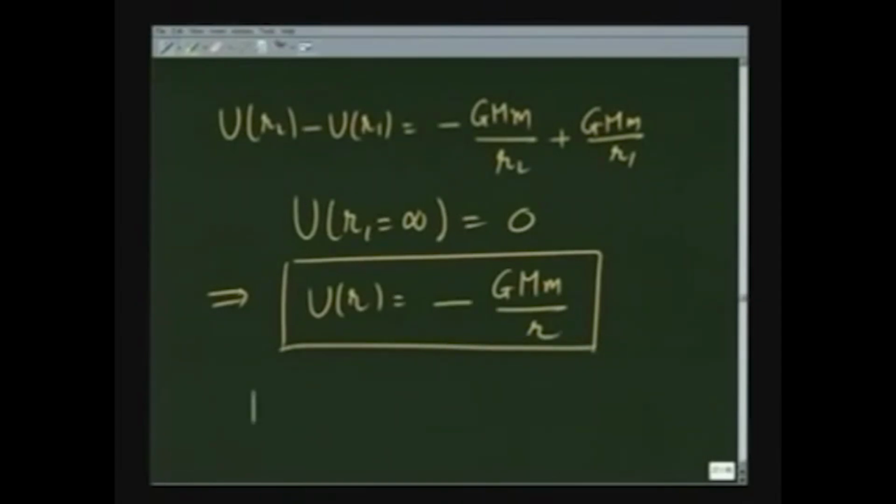You can again see that the force in the radial direction is going to be minus dU/dr, which is minus G M m over r squared.